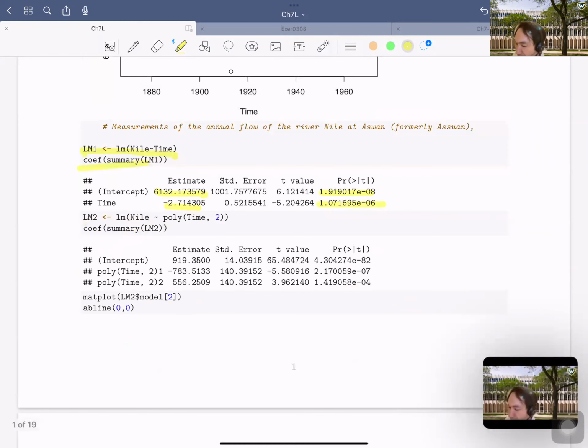For polynomial regression, we can use the poly function with degree 2. Then we get the first component and the second component. The first component is linear, and the second component is quadratic.